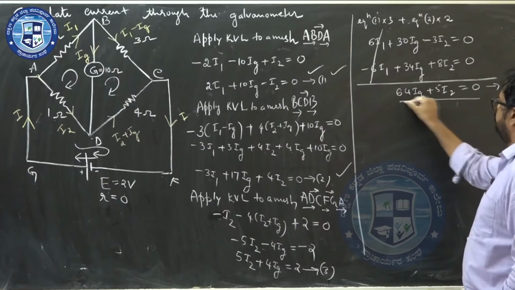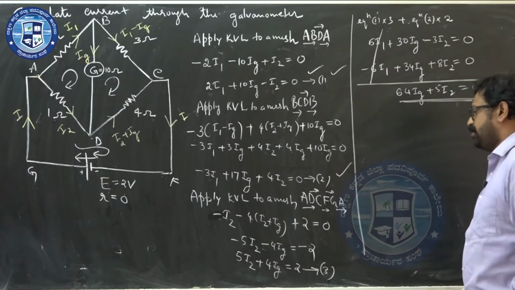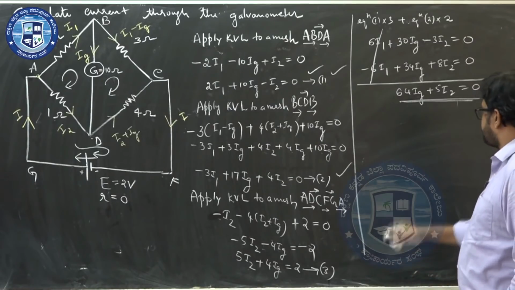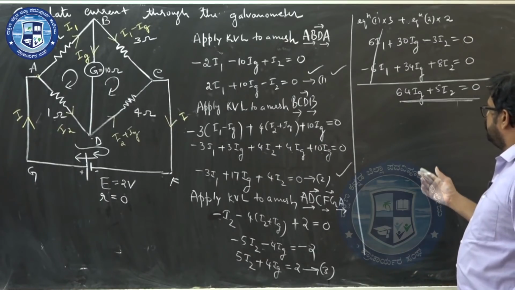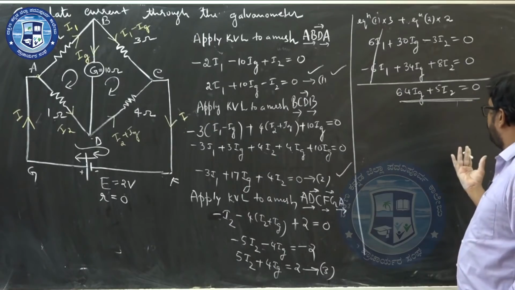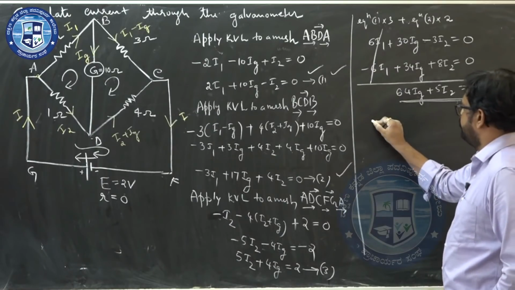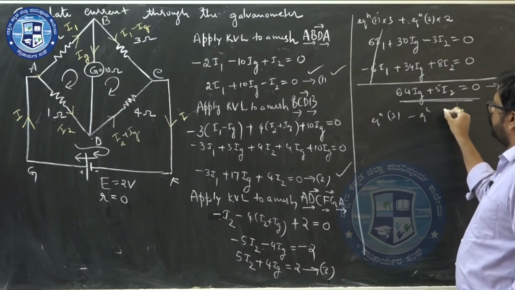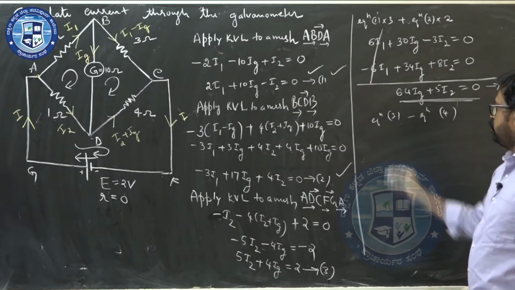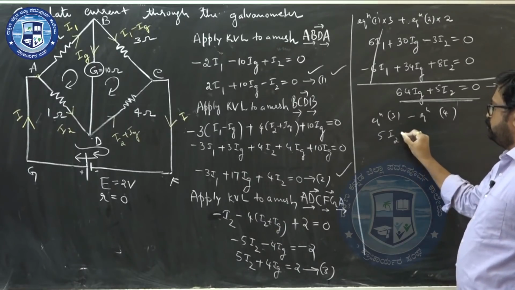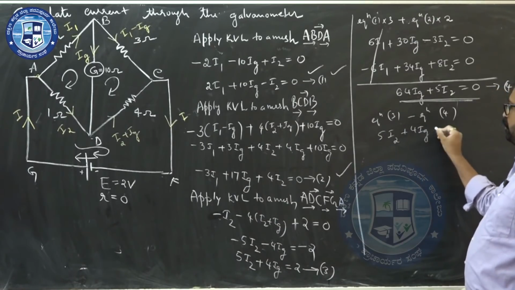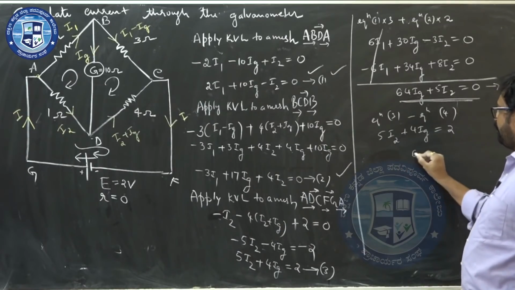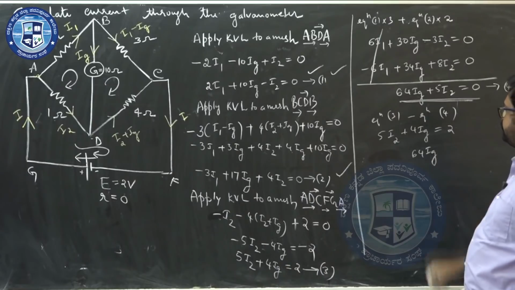Yeah. Now look at equation 3 and 4. Can't you think of subtracting equation 4 from 3 or 3 from 4? Anything is okay. I can say equation 3 minus equation 4, not a problem. Equation 3 is 5I2 plus 4Ig is equal to 2. Equation 4 is 64Ig, I will write in the order 64Ig, correct?